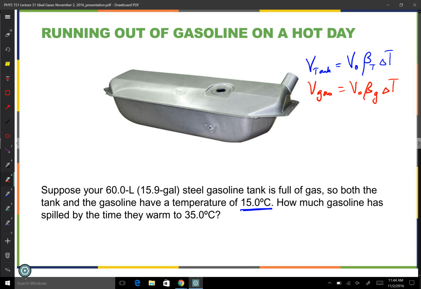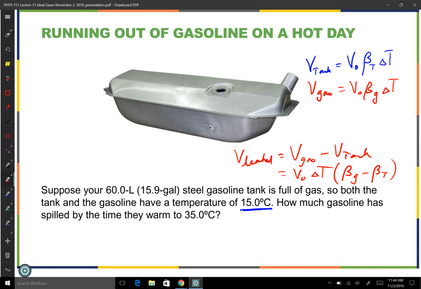And then we just say the volume leaked is equal to the volume of gas minus the volume of the tank, which would be the initial volume times delta T times beta for the gas minus beta for the tank. I factored out the two things that were the same: change in temperature going from 15 to 35, and same initial volume.